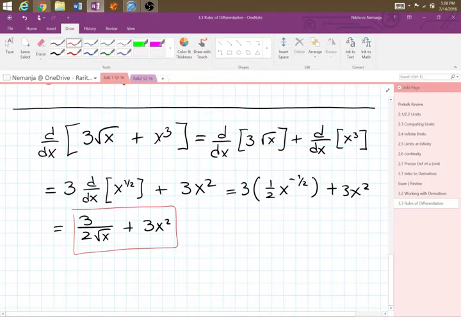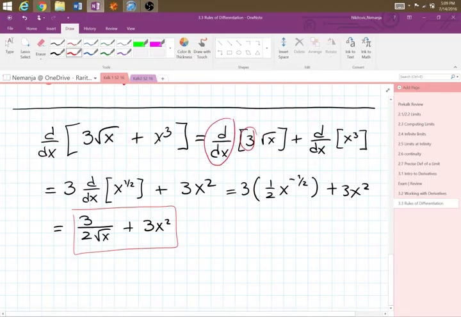Yes? I'm a little bit confused since the rule says that the derivative of a constant equals 0. When you pull 3 out, how come you're multiplying the derivative of x to the 1/2 by 3 instead of 0? But see, the derivative is no longer applied to the 3. Over here, derivative is applied to 3.